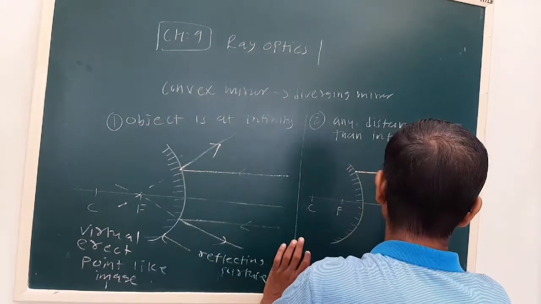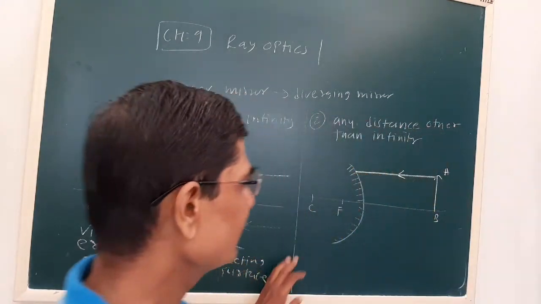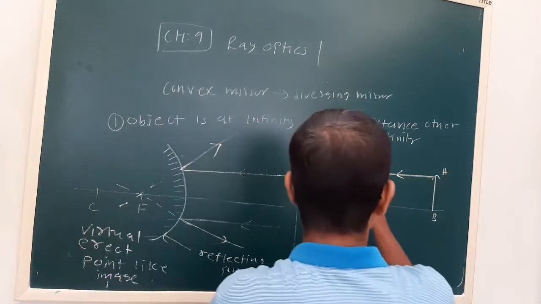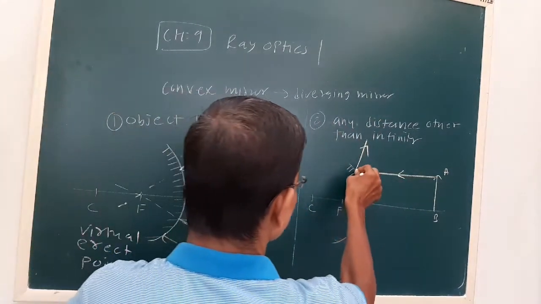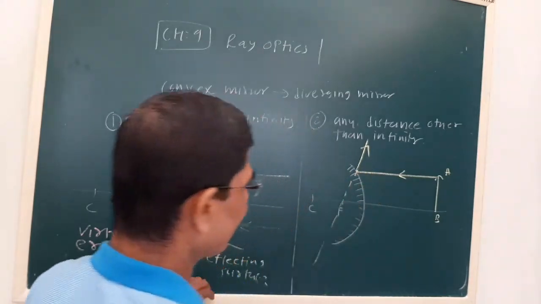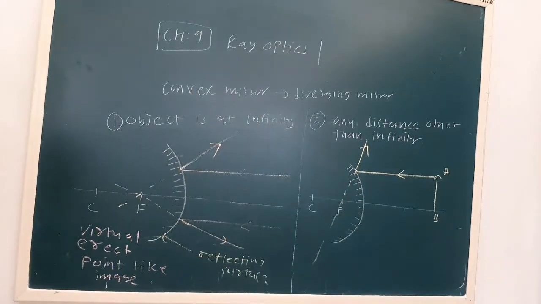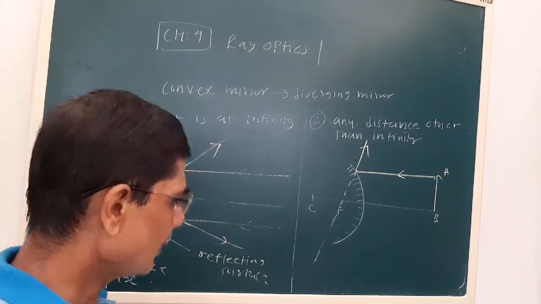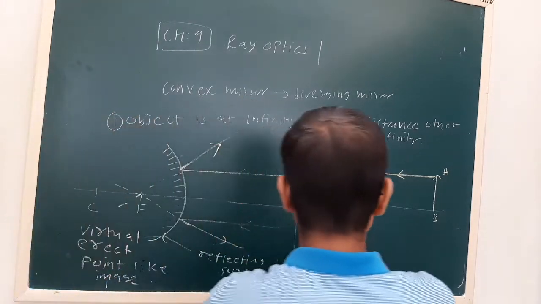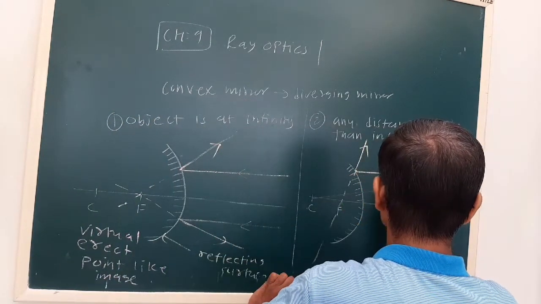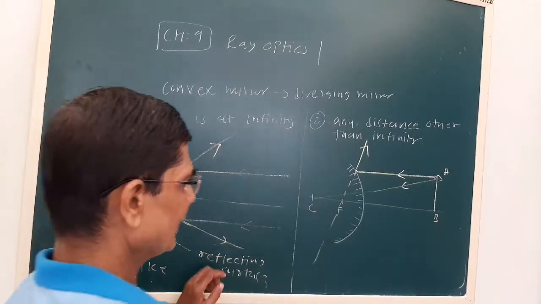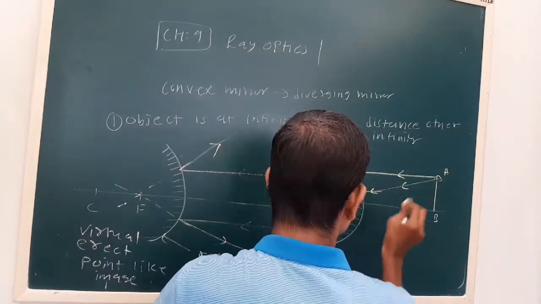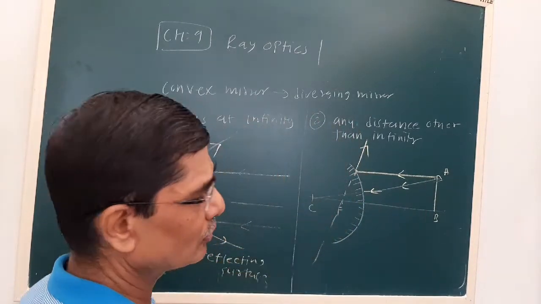Now, see, the first ray is parallel to the principal axis. See, it is a diverging mirror, so it will be diverged like this. But if I produce it, or if I extrapolate it, see, it will pass through F. And secondly, we use reversibility. See, this ray is coming like this, the second ray, and as I told, it is incident on the mirror.